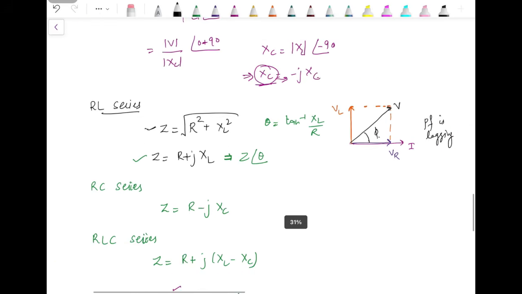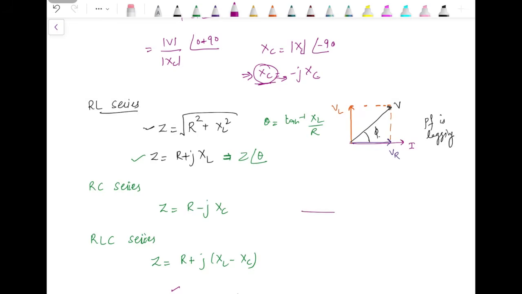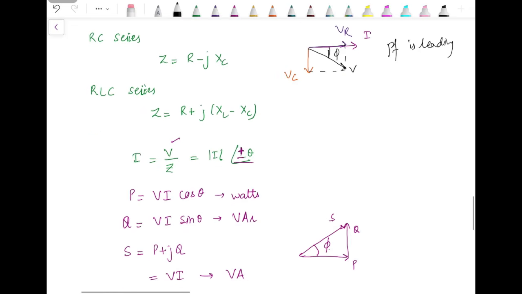Now in case of RC series circuit, again current is considered as reference, voltage across the resistance is in the same phase, voltage across the capacitor lags behind the current by 90 degree. Their resultant is actually supply voltage. This is angle phi. Now current leads the voltage, so power factor is leading power factor.